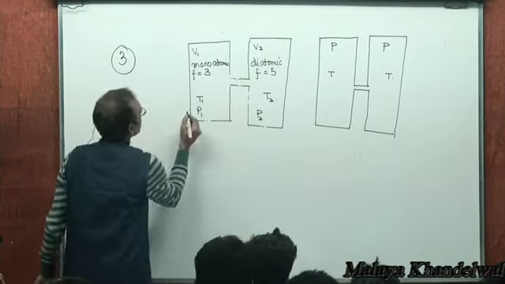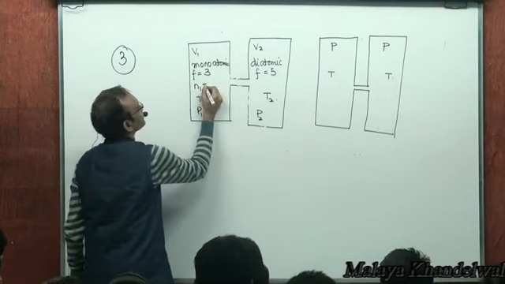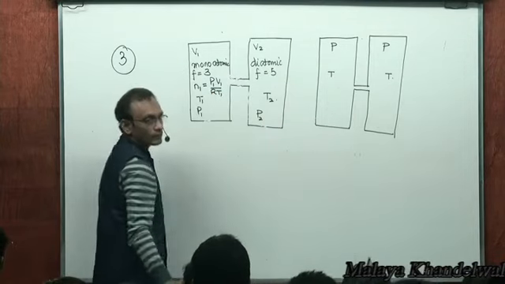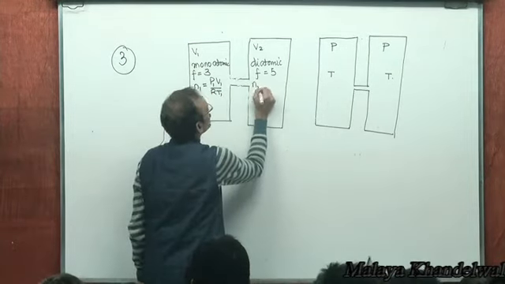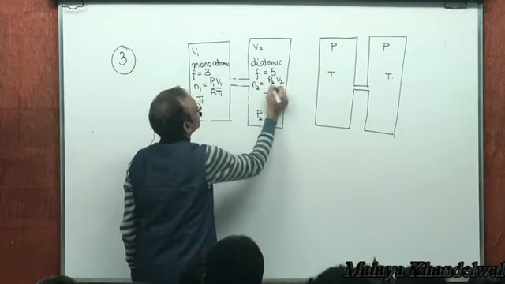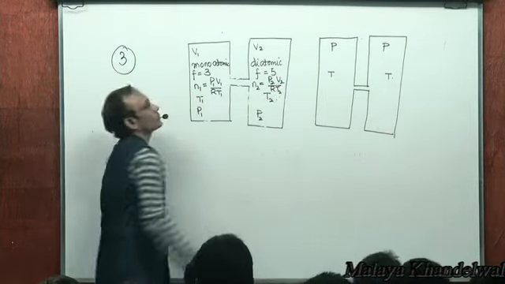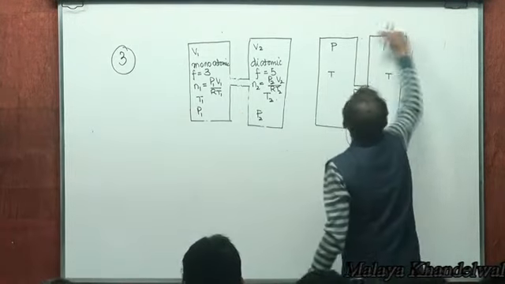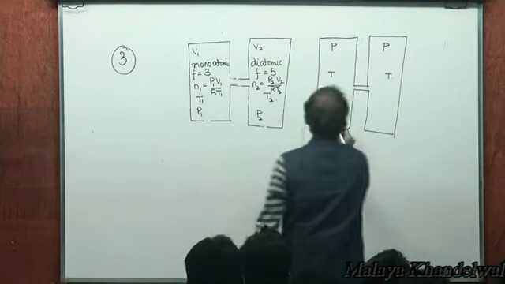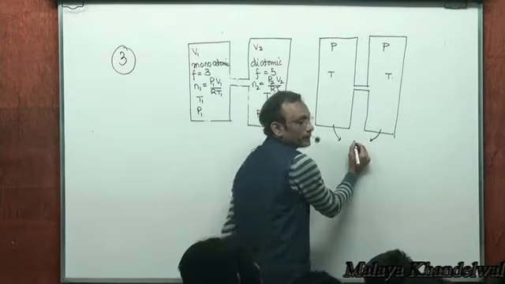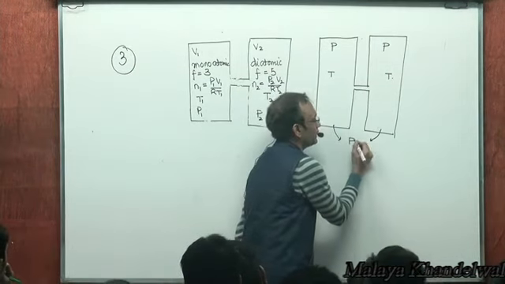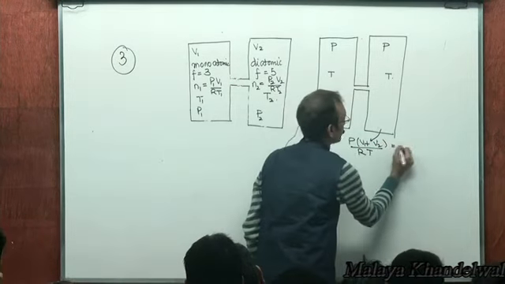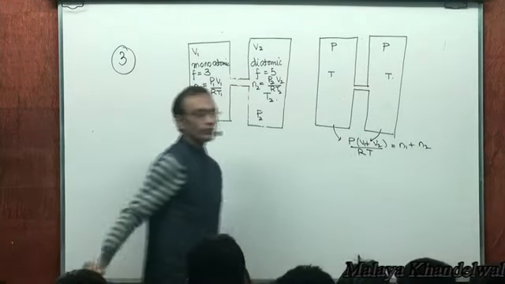Now, what is the total number of moles here? N1 is P1 V1 by RT1. What's the total number of moles of this diatomic gas? N2 is P2 V2 by RT2. The total number of moles eventually in this state, that means this and this put together, would be P into V1 plus V2 by RT, the total number of moles N1 plus N2.